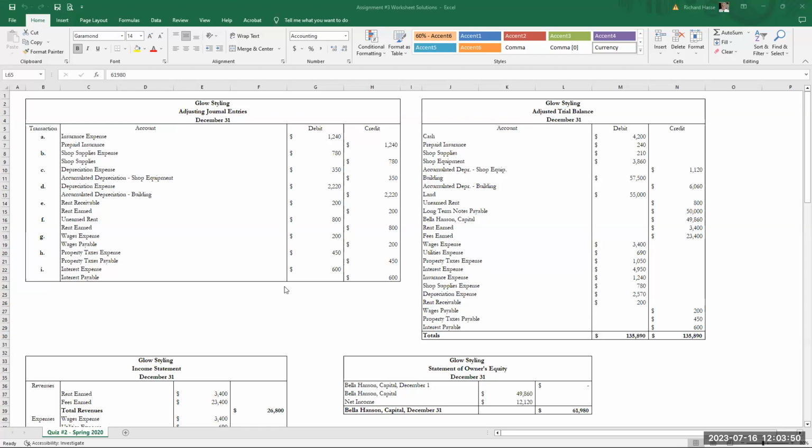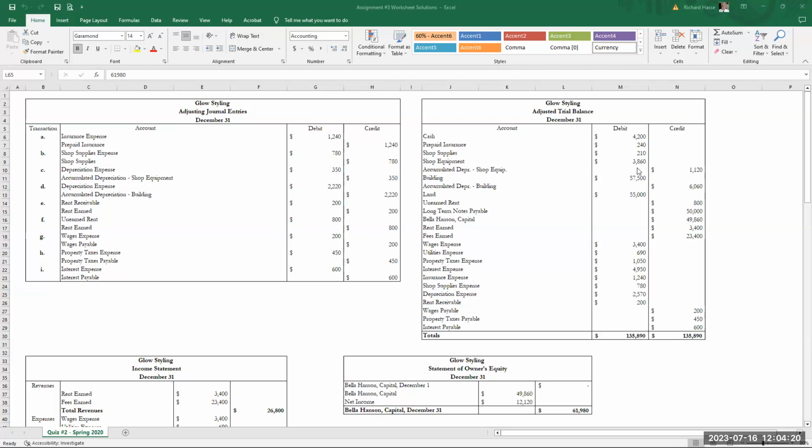So the adjusting entry is to debit shop supplies expense for the difference between 990 and 210, $780, and credit shop supplies $780. If you do that and you post that shop supply credit of $780, the shop supply balance in your adjusted trial balance will now be $210, the correct amount of the inventory.